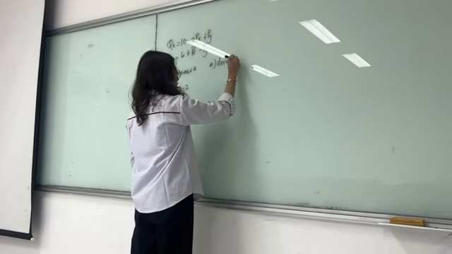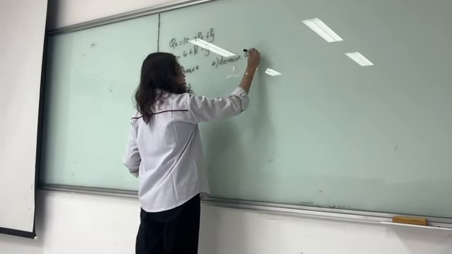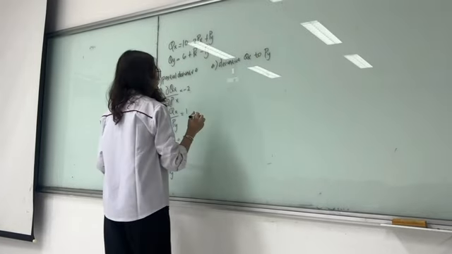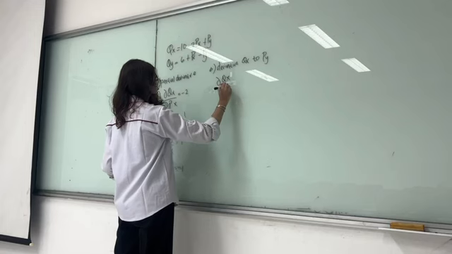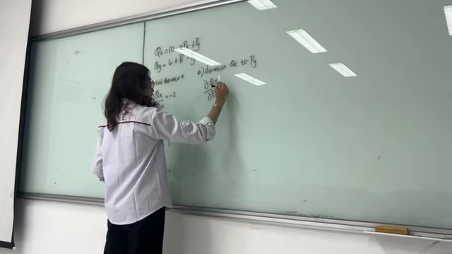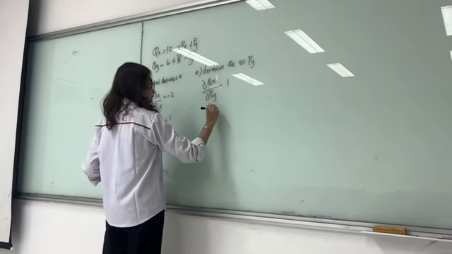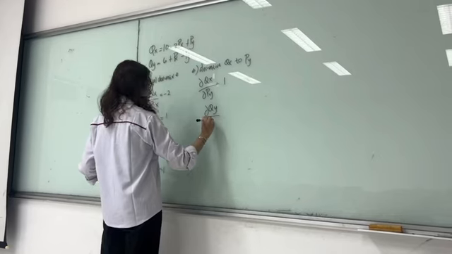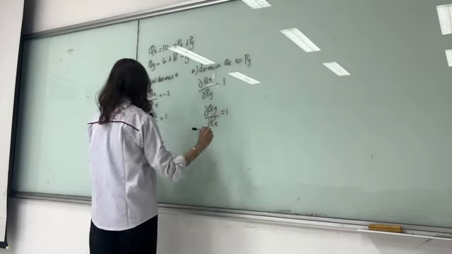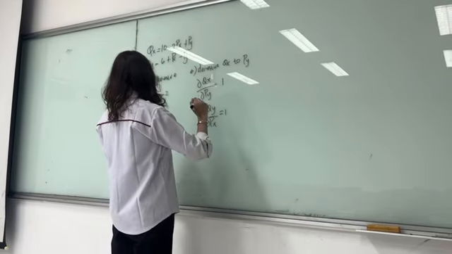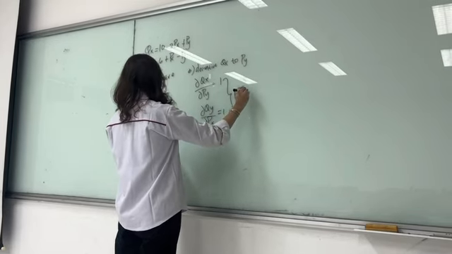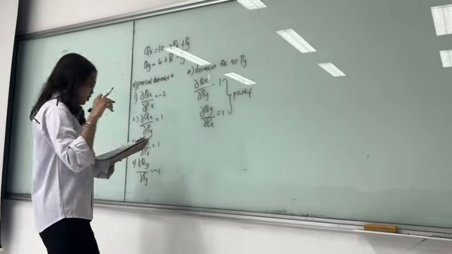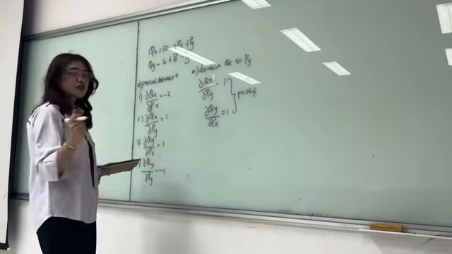Okay, we have ∂qx/∂py is 1, and ∂qy/∂px we have 1 also, and this is positive, so that shows this is a complementary product.